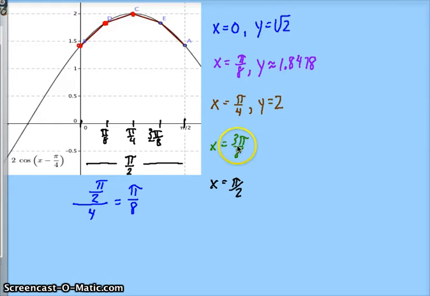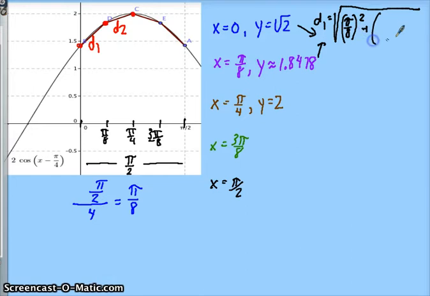Okay, fantastic. All right, now let's get the other points. Okay, again, even though I have 5 points, as we said earlier, we really only need to get D1 and D2. So I really only need to get these 3 points, which I have here. So, using the distance formula, D1 is the square root of the difference in my x's, which in this case will be pi over 8 squared, plus the difference in our y's, square root of 2 minus 1.8478.